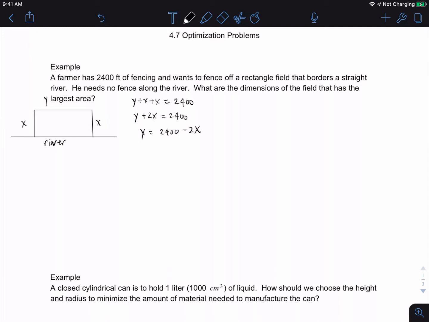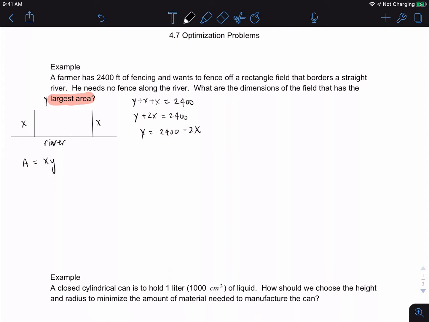The key to this problem is that we are looking to find the largest area. And so the equation that we should use with this is area. Isn't area of a rectangle X times Y, right?